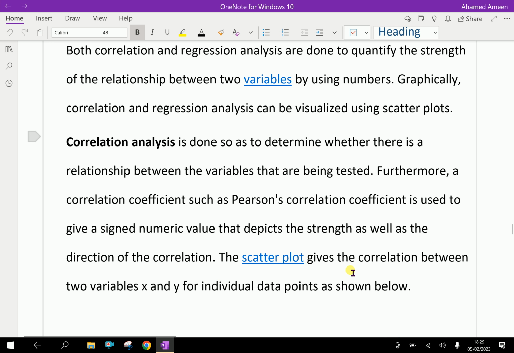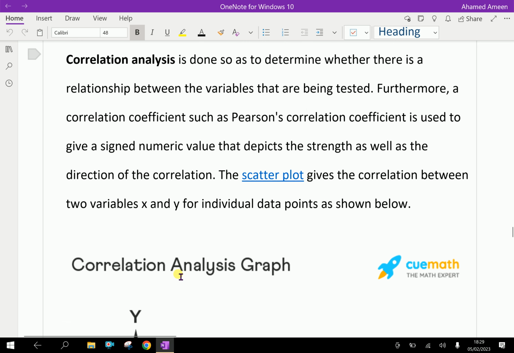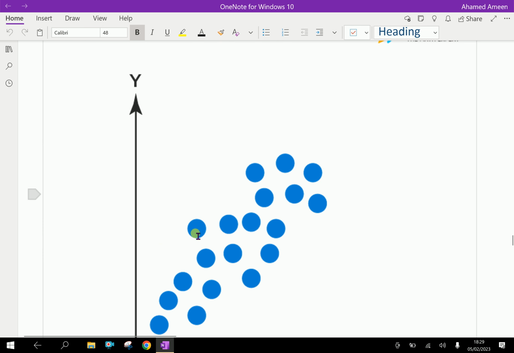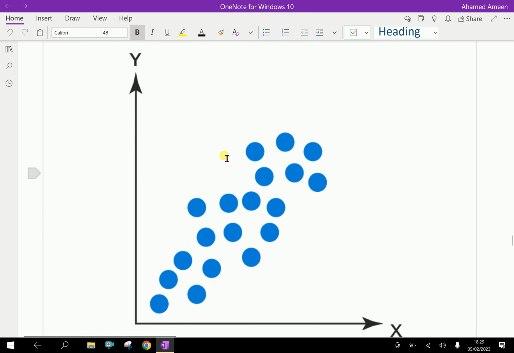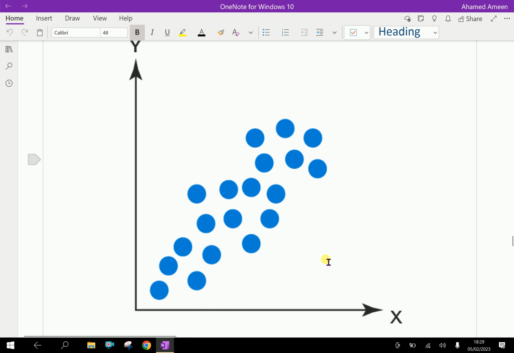The scatter plot gives the correlation between two variables x and y for individual data points as below. Look at this graph in the XY plane: we are plotting dots for the given data, and it shows some correlation nature.